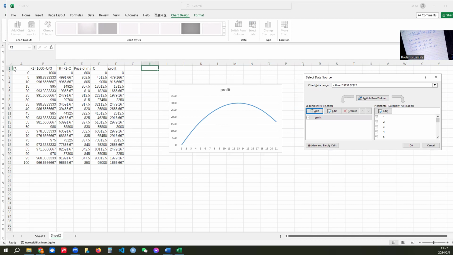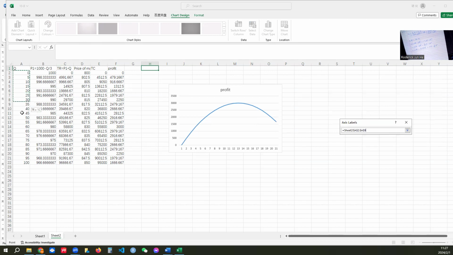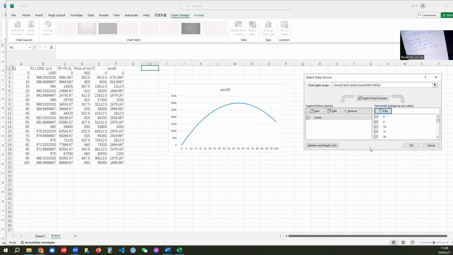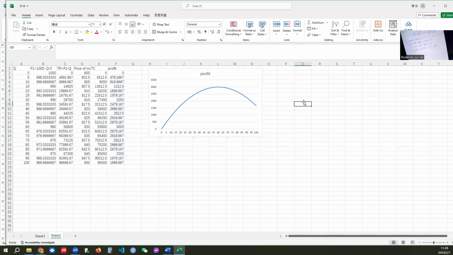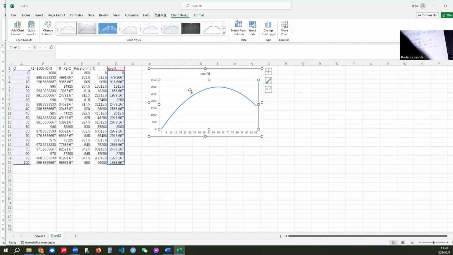The horizontal axis just tells you the first entry's corresponding profit is 0, and so on. We want to change that into quantity. So now it changes into quantity, and it is more straightforward for us to see what it is.